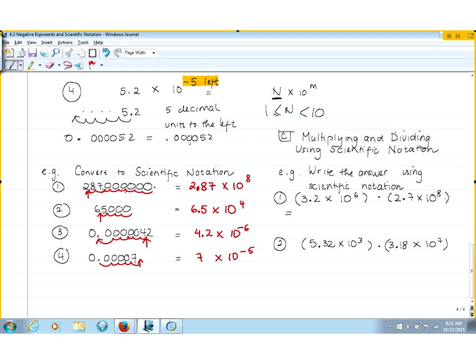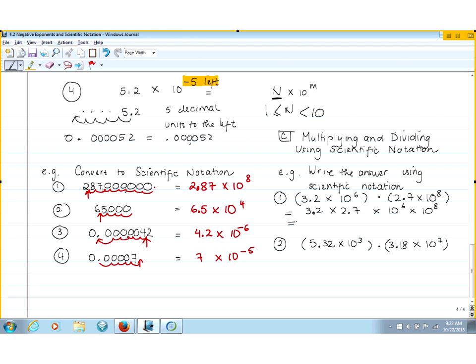Oh, this is missing the parentheses. What will we do here? We will just multiply the numbers with the numbers. So 3.2 times 2.7, times 10 to the 6 times 10 to the 8.